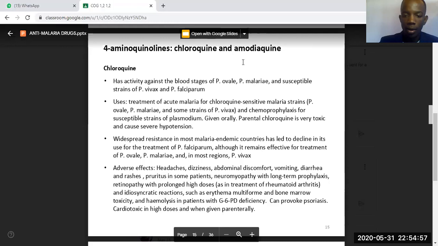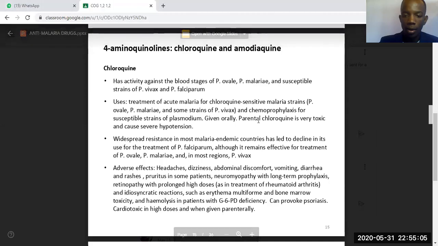Chloroquine has an activity against the blood stages of Plasmodium ovale, Plasmodium malariae, and susceptible strains of Plasmodium vivax and Plasmodium falciparum. When we talk about the blood stages, we are still talking about the erythrocytic stages, where the merozoites are infecting the red blood cells.